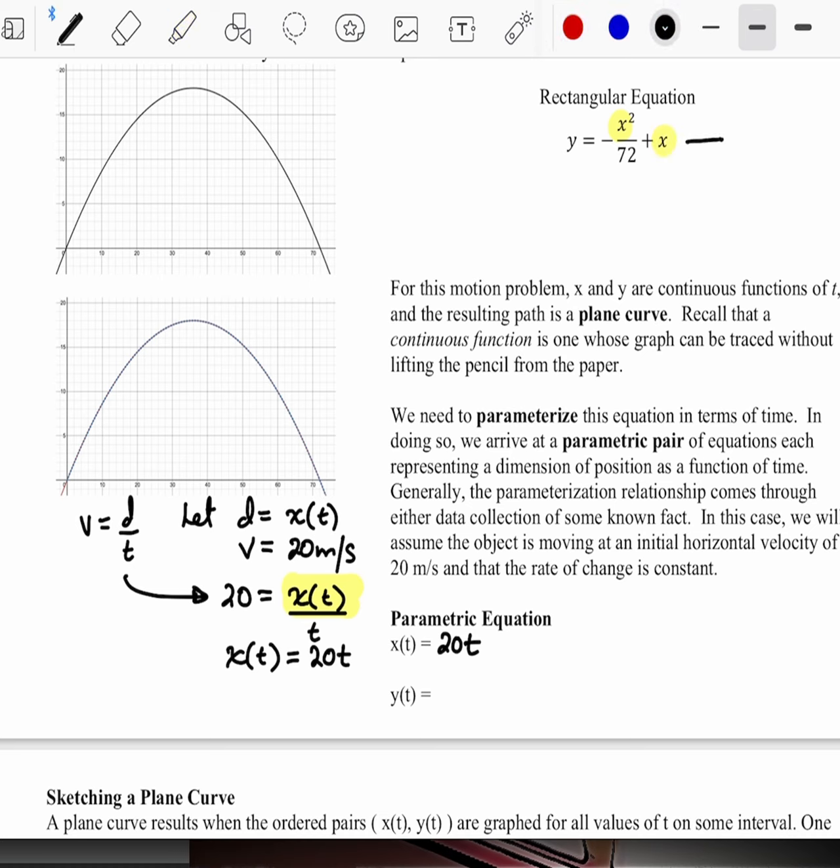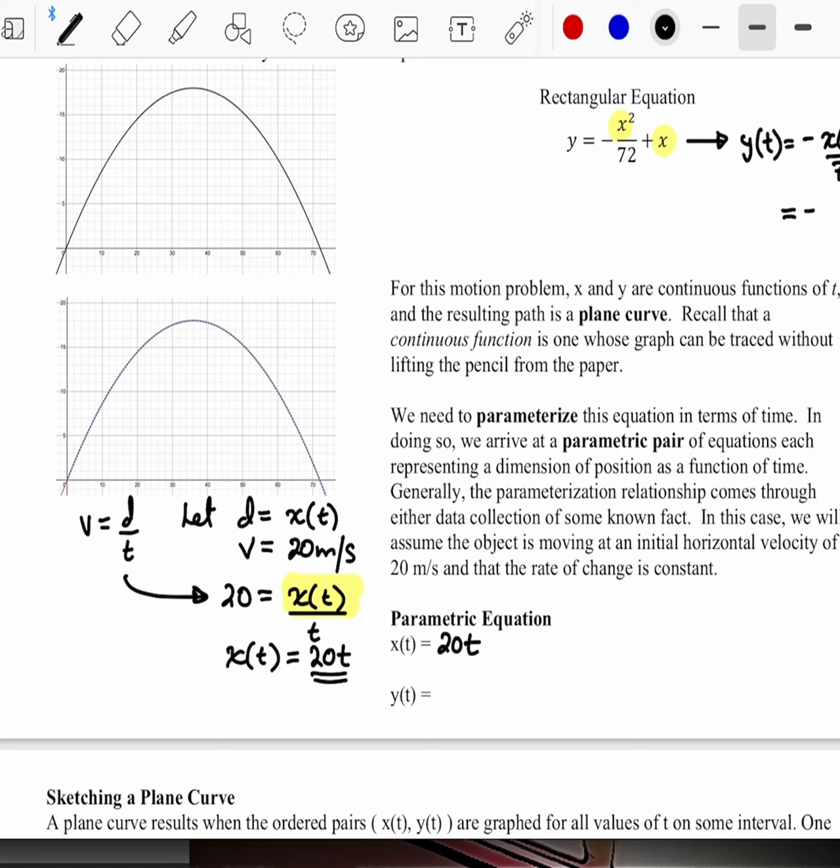I could write this as y of t is equal to negative x of t squared over 72 plus x of t. Keep wanting to put the parentheses first. All right, but even still, we know, because we just discovered it here, that x of t is really 20t.